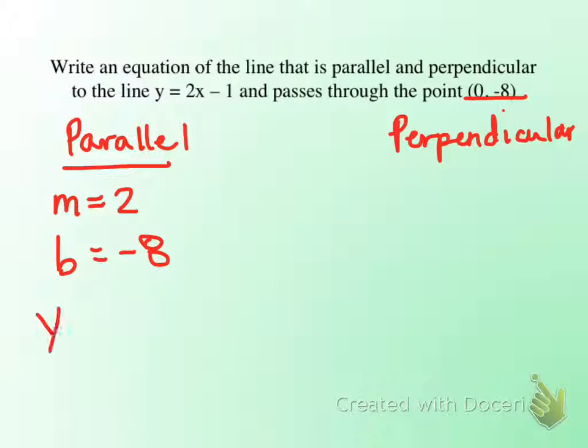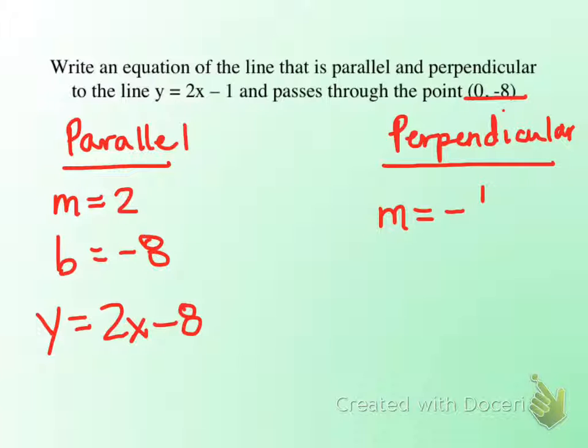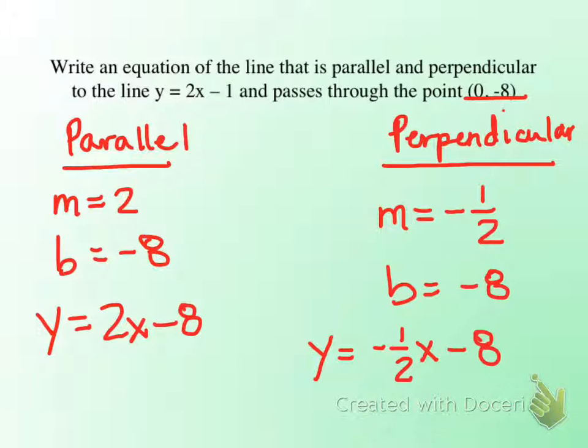So it is real easy to come up with this equation, 2x minus 8. For the perpendicular line, the new slope will be a negative 1 over 2, but it will have the same y-intercept. So the equation of a line perpendicular is negative 1 over 2x minus 8.